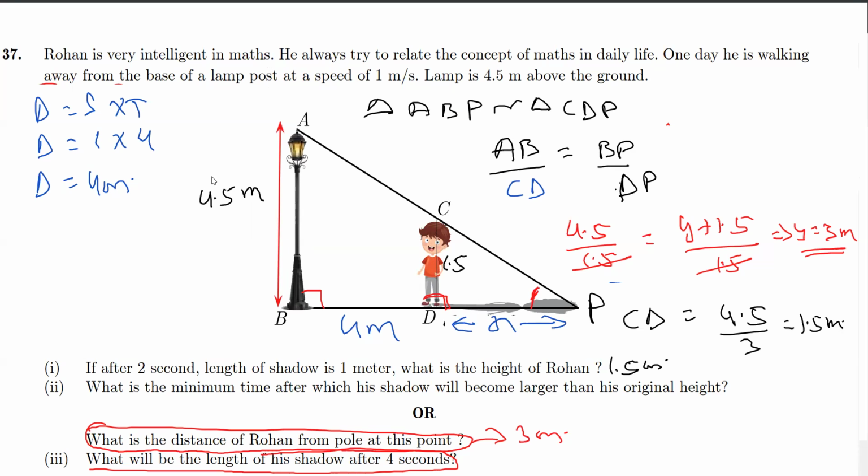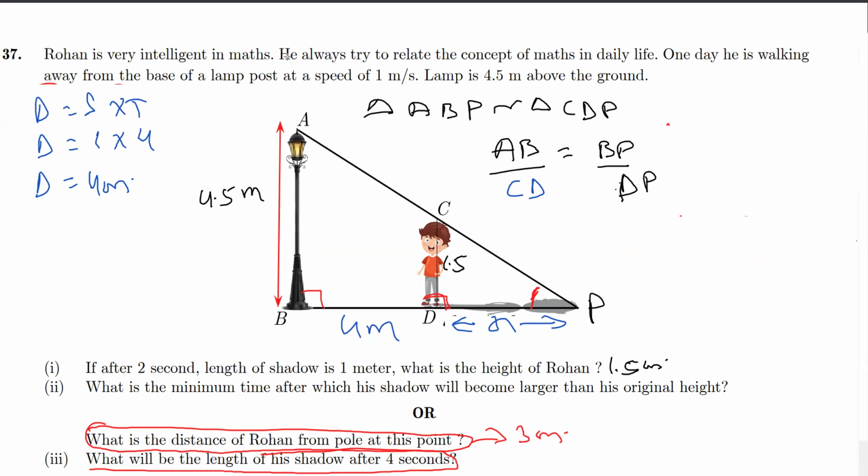Now, once again, using the same proportionality, we can see that AB in this figure will remain the same, 4.5 being fixed. CD is the height of Rohan, which also is fixed.